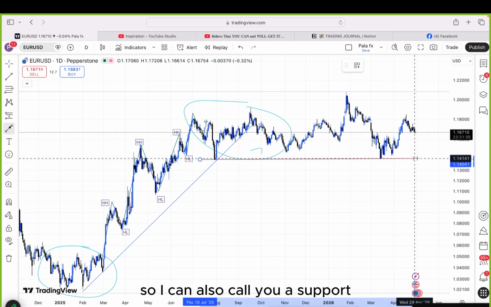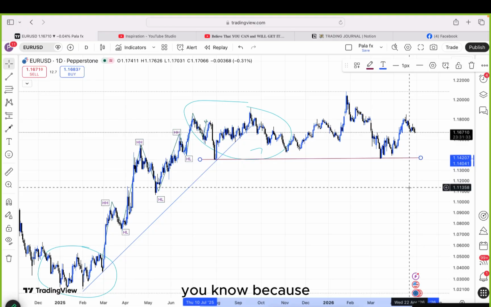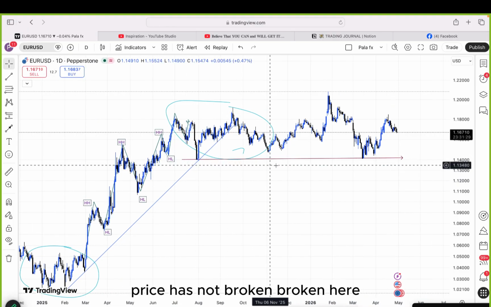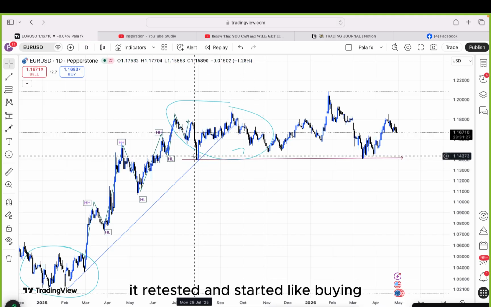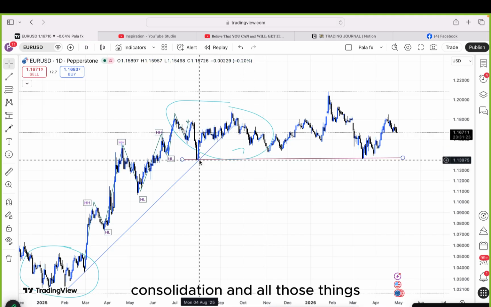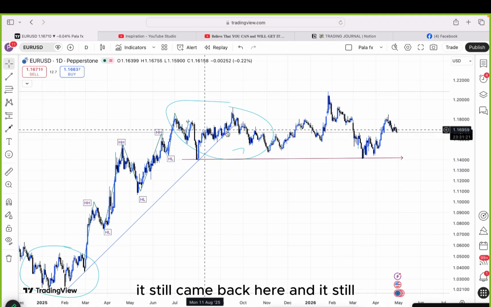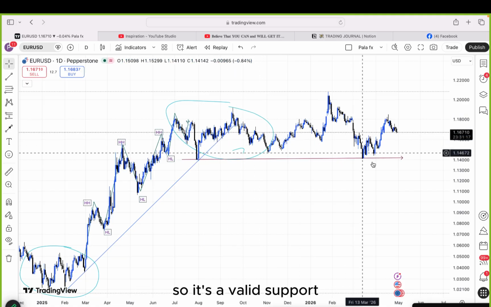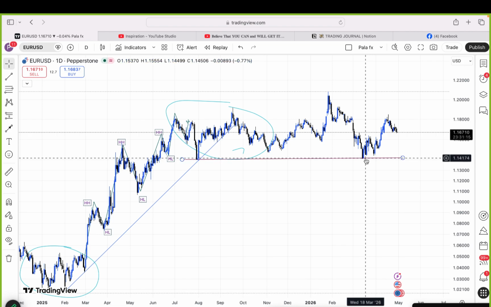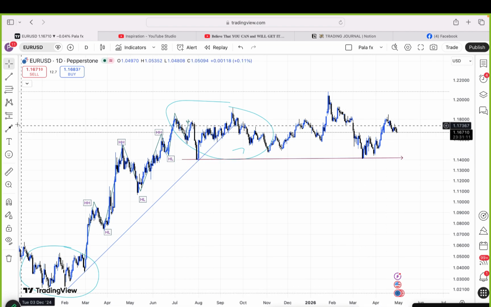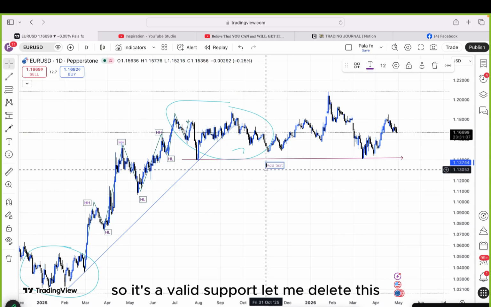I can also call here a support, because price has not broken here. The first time price came here, it retested and started buying. After all that consolidating, it still came back here and started buying too. So it's a valid support. Let me label it for you guys.